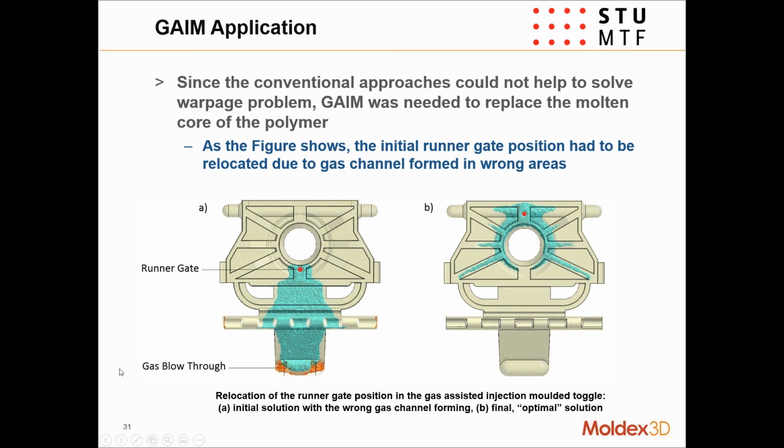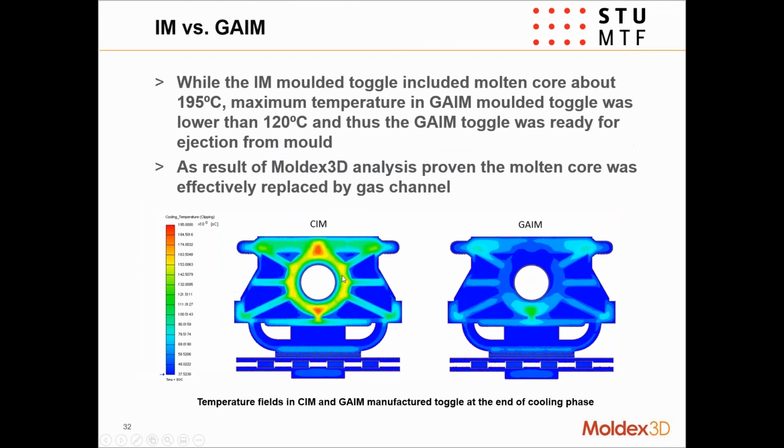And actually, they did simulate the gas blow-through, or blowout, in this case. But when they moved the gas injection point, you can see that they were able to push that air into the more critical region and around this feature. By doing so, they've removed this whole core here.